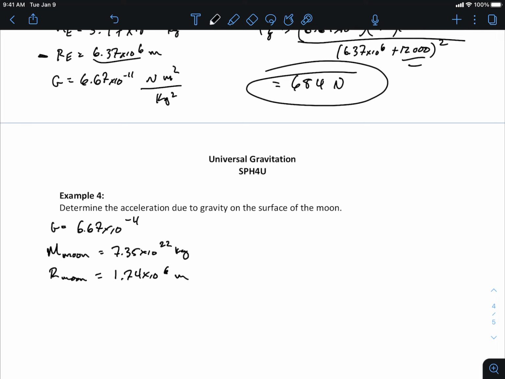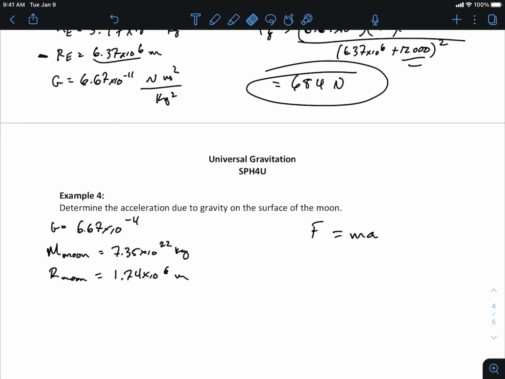So I see the word acceleration. It's not rotating. Sorry, it's just F equals ma. What force are we dealing with?